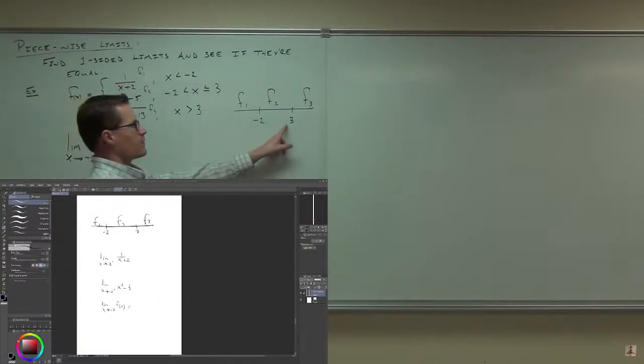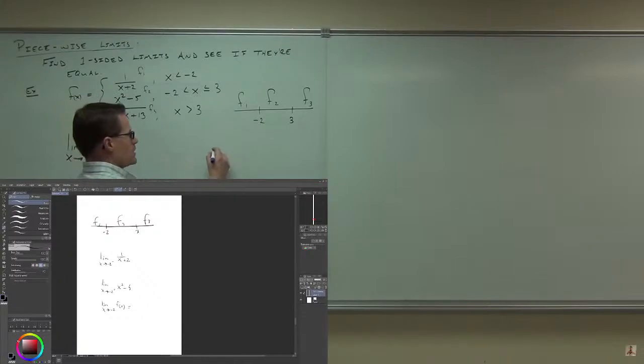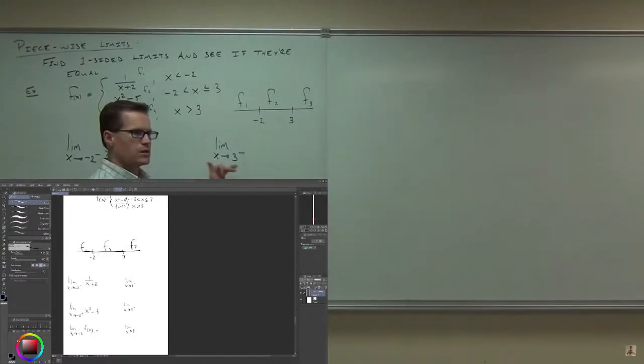Let's start talking about as we approach 3. So we're going to need, again, a limit as x approaches 3 from the left, and 3 from the right. If they are the same, we'll have a limit at 3. Let's fill out the functions, though. As we approach 3 from the left-hand side, which function are we using?